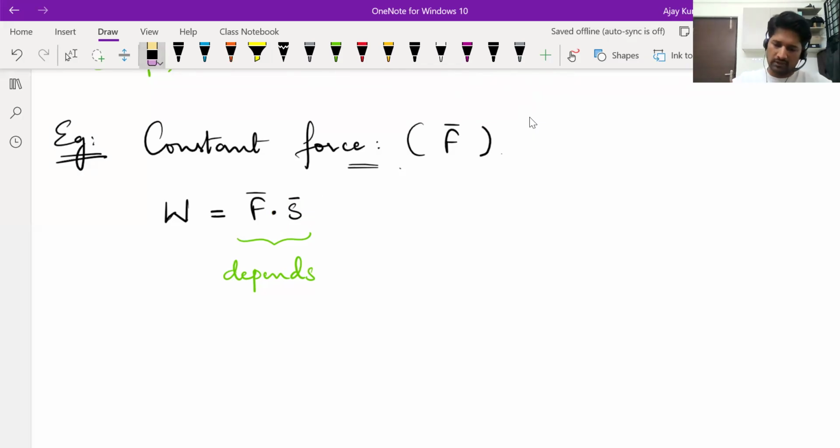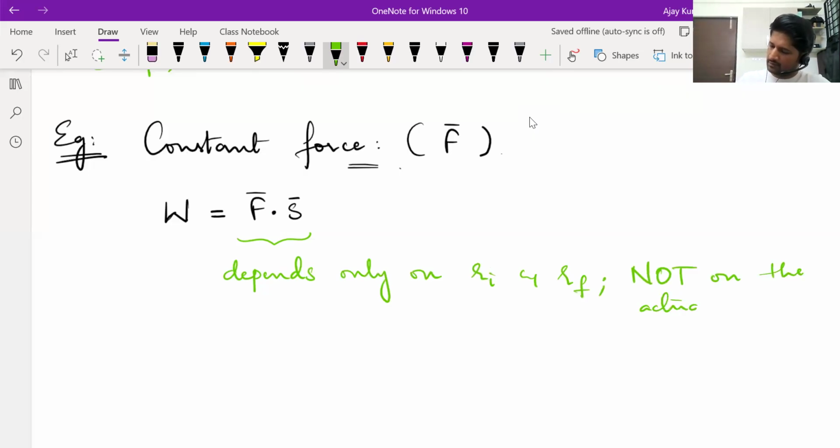Therefore, let us complete this statement. It depends only on initial position and final position, not on the actual path. So tell me now, a constant force is a conservative force or a non-conservative force? Conservative force, sir. Automatically, by definition, it becomes a conservative force.